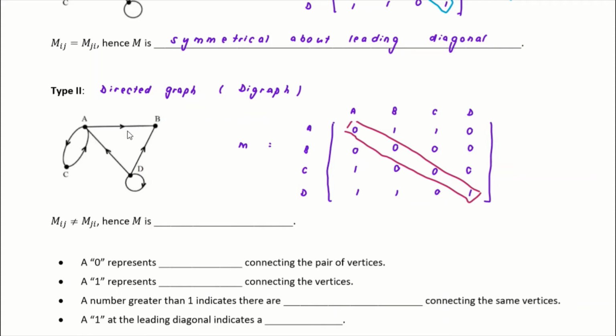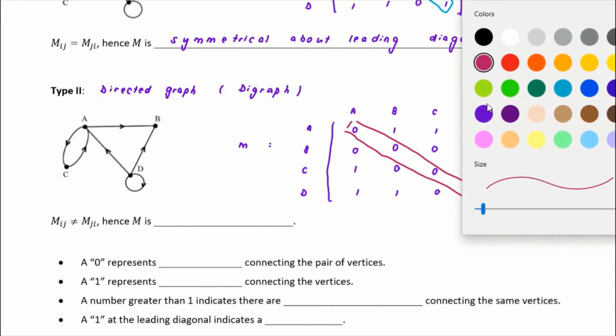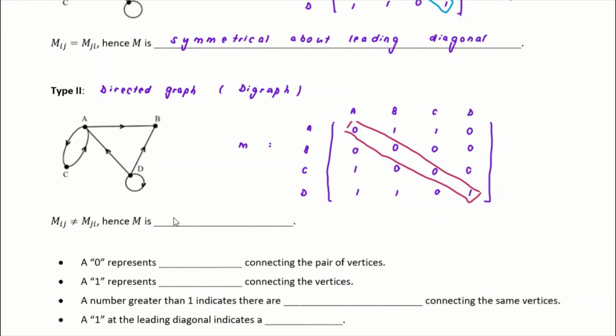Because that's direction. So when you have A to B, it doesn't mean that you have B to A. So that's why this is 1 and this is 0. So in this case, you can see that for your elements, AC no longer equals CA. So for the directed graph, the adjacency matrix that we created is asymmetrical. Basically meaning that it's not symmetrical.